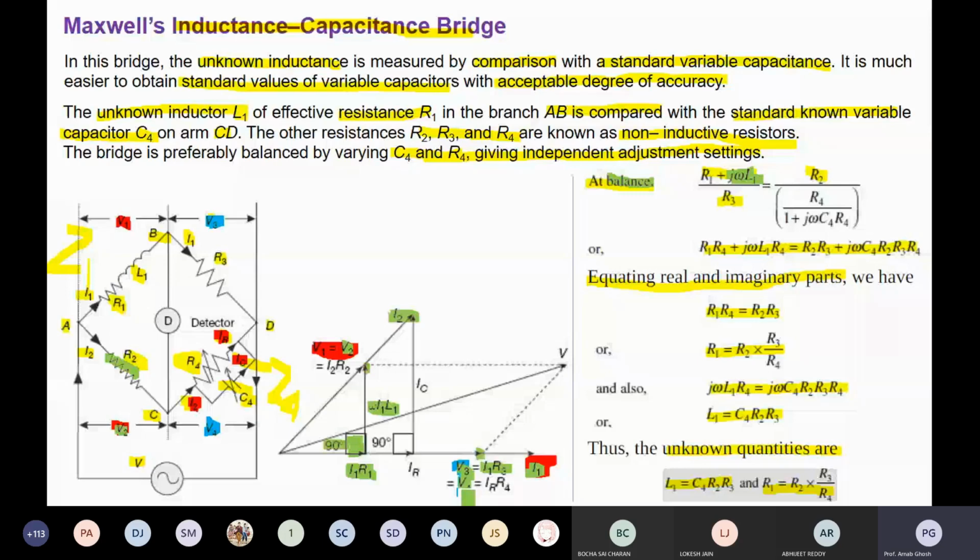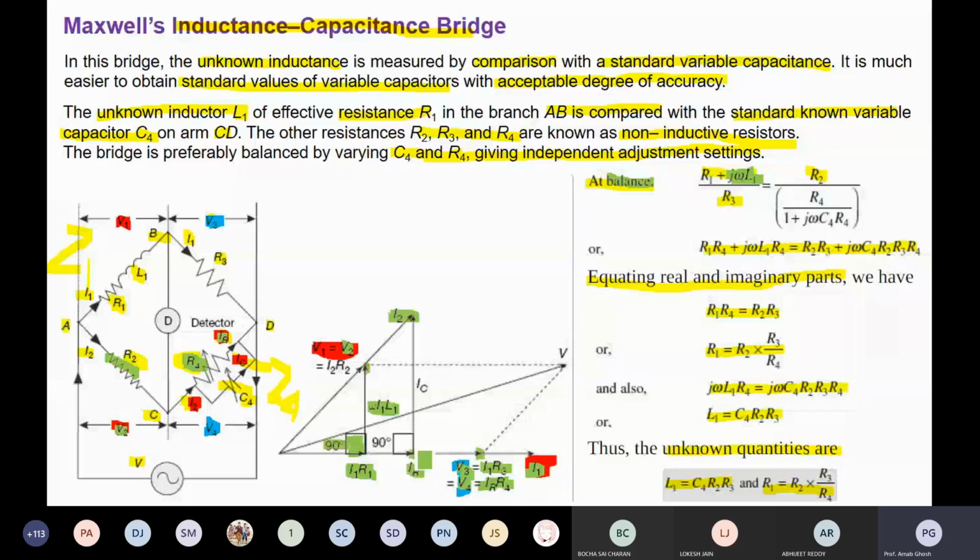V4 equal to two things: one is IR into R4, another is IC into 1 by j omega C4. So V4 equals IR into R4. IR is a potential drop across the resistor, so IR and I1 both should be in phase. That's why it is your I1, so you are getting the value of I1.